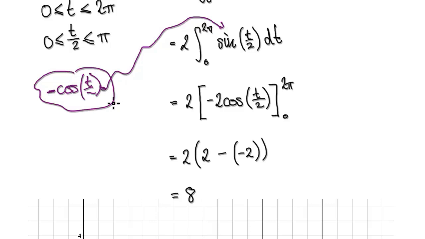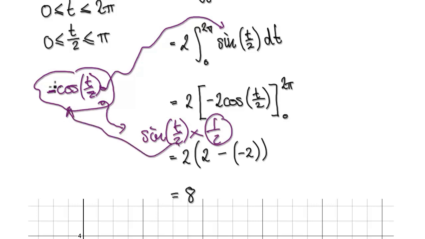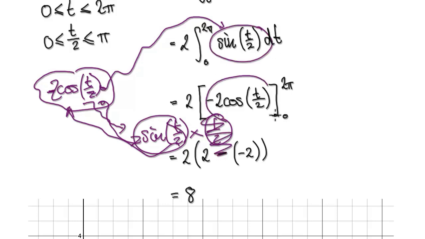When you differentiate this, it will be sine t over 2, but then you've got to times the derivative of the bubble itself, which will be a half times a half. But you want to negate this half, so you would go back here and stick a 2 in here. So now when you differentiate it, it will give you this without the half. The point here is that if you integrate this, it will give you this thing here.